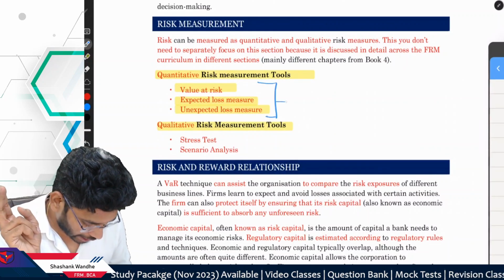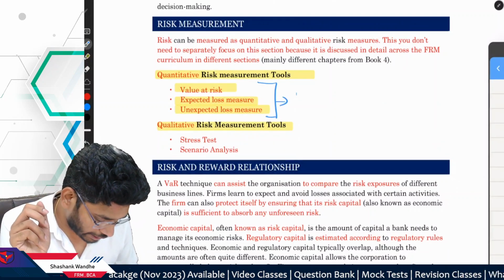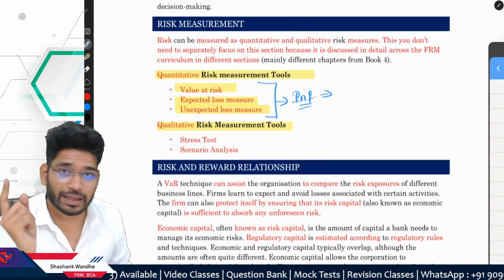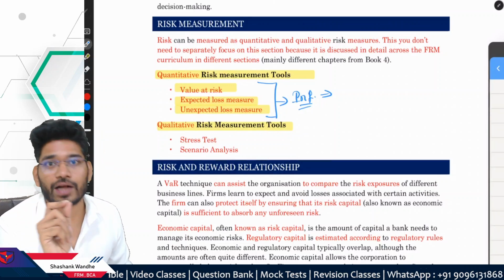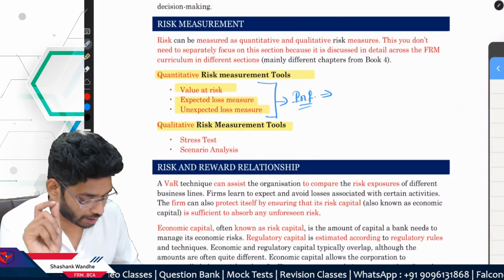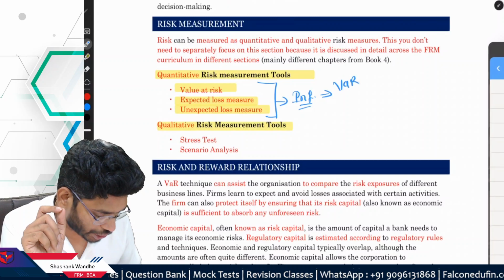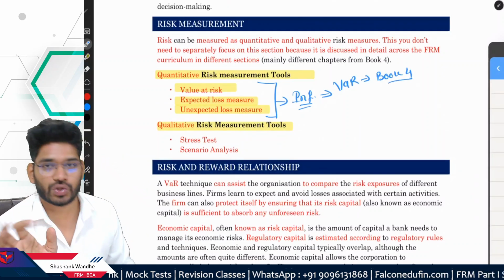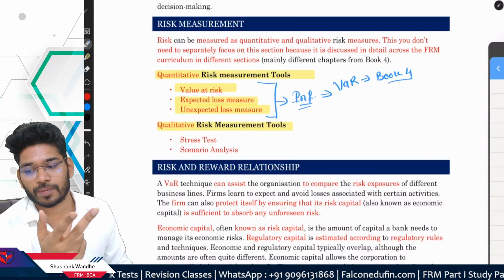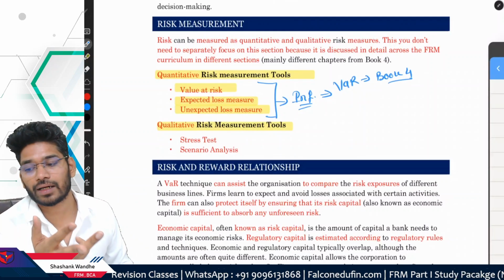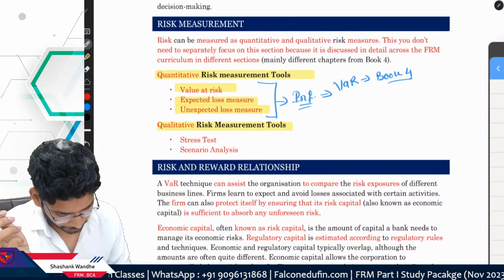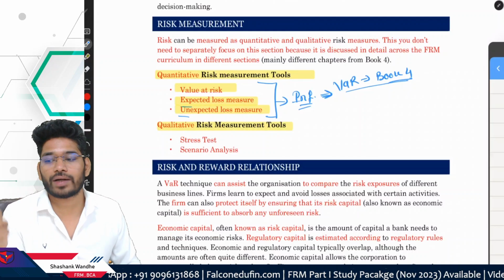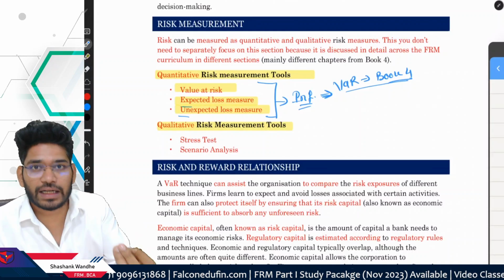In GARP's curriculum you are provided with information on these, and I know you are facing a lot of difficulty in understanding these concepts. So don't try to understand them at this particular point. We have full discussion on value at risk in book 4. Right now just know the words value at risk, expected shortfall, and unexpected loss measure. We will discuss them in detail, and these are quantitative measures where we quantify the risk.